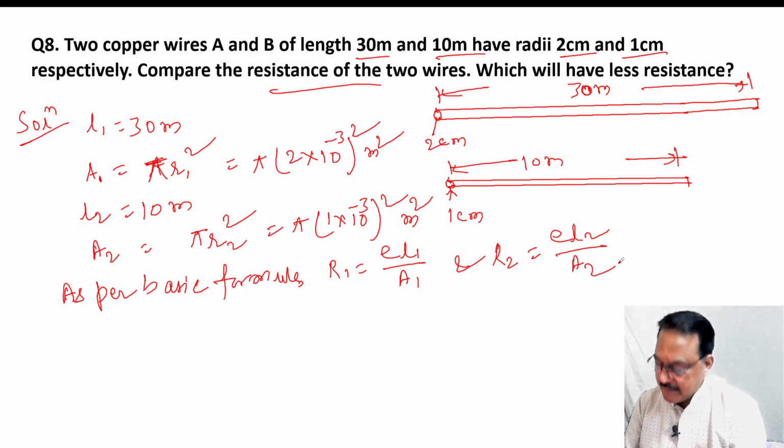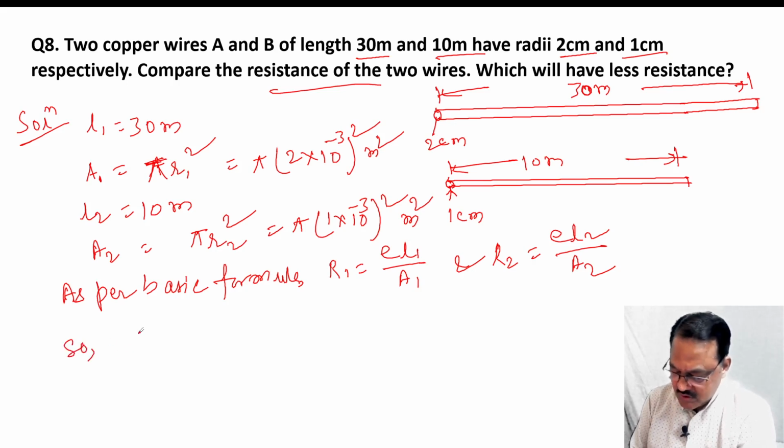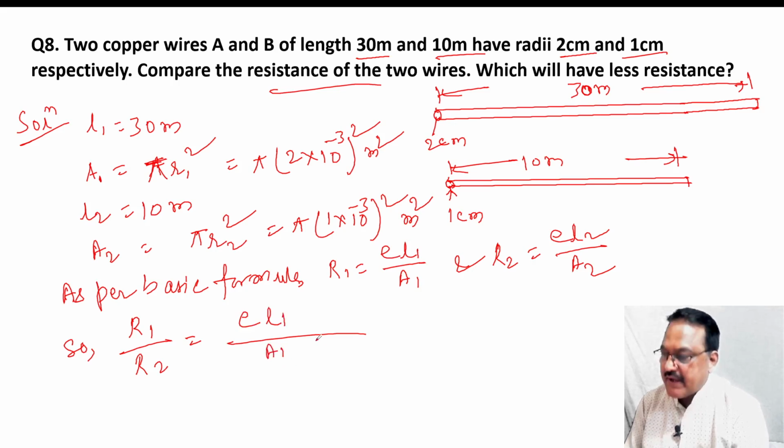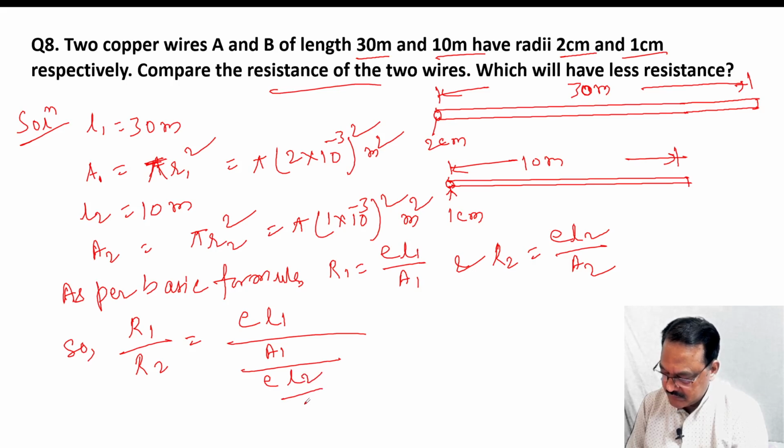So for comparison we have to calculate R1 by R2. In place of R1 we write rho L1 by A1, divided by R2, which is rho L2 by A2. Rho will be cancelled out.